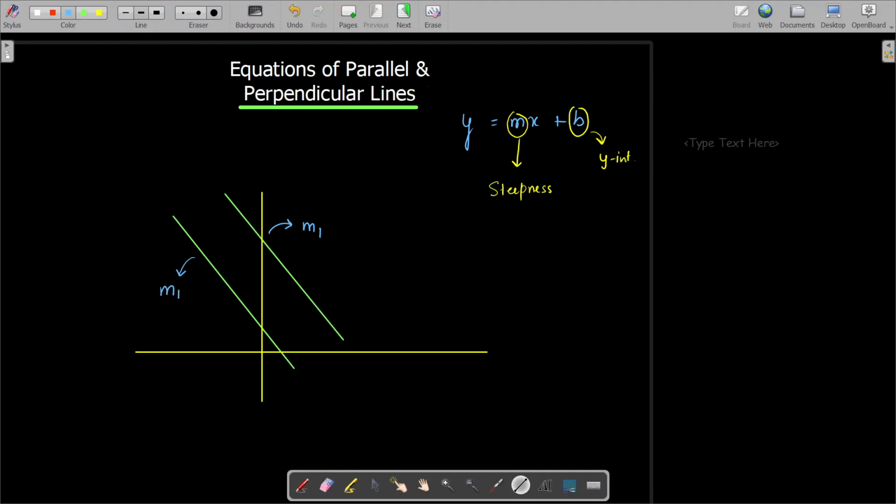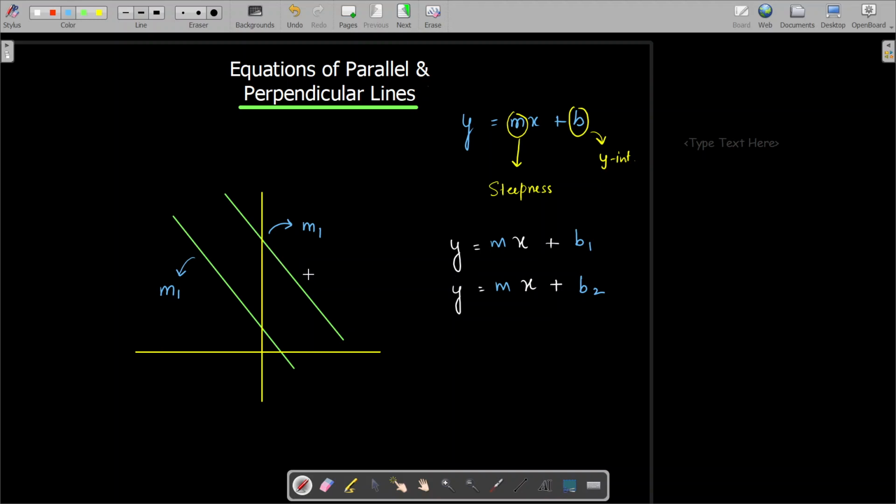So if I talk about what will be the equations of two parallel lines, we can write it in general form: y equals mx plus b1 and y equals m times x plus b2.